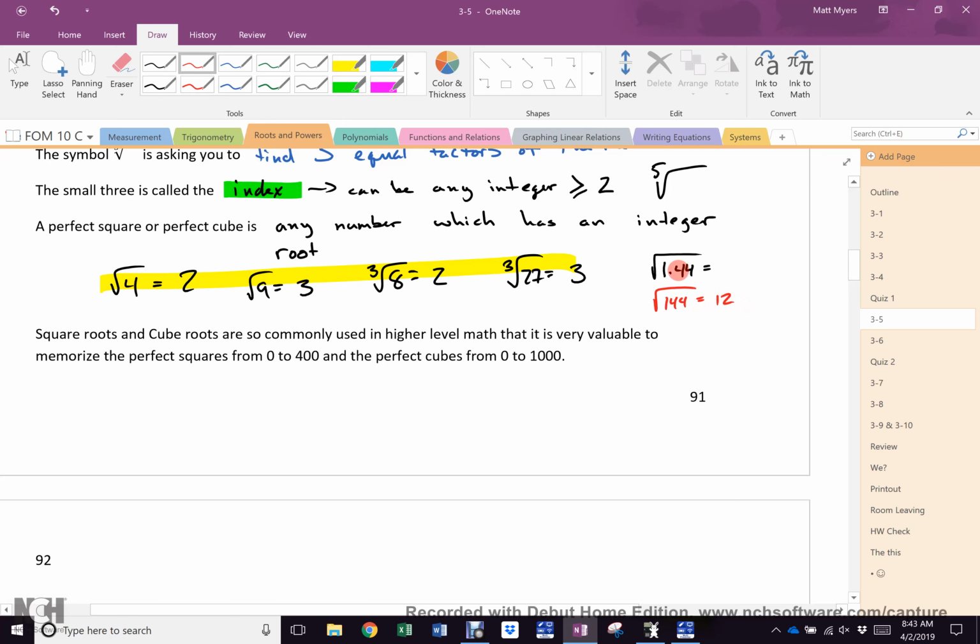Does this look almost the same? What do you think it would be? 1.2. Everybody cool? So, is 1.44 a perfect square? Technically, because it's got a rational square root. Everybody understand? But that's kind of really nitpicky. Okay? For our purposes, I'm happy if you just get that.